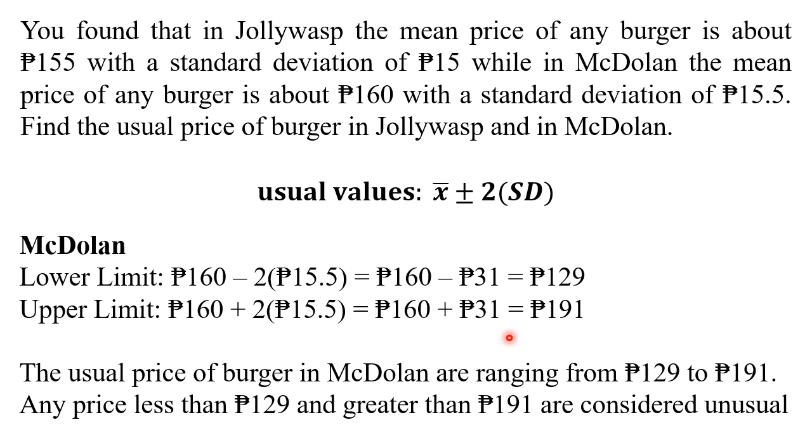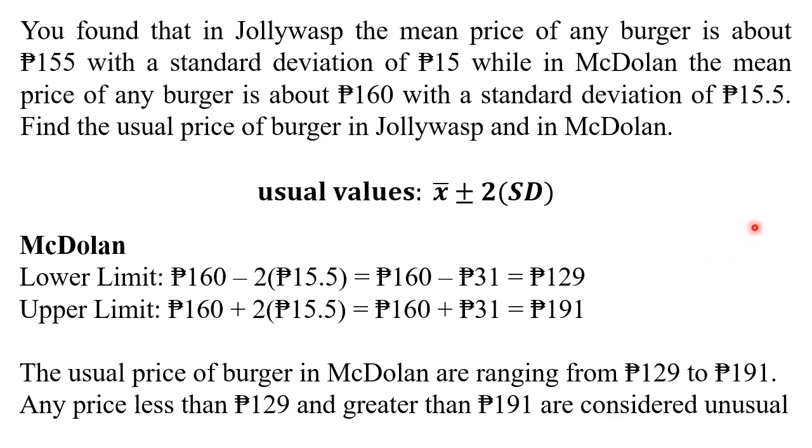So you notice, class, that the range of prices of burgers in McDonald's is wider compared to Jolly Wasp. So the usual price of burger in McDonald's ranges from 129 to 191. Any price less than 129 or greater than 191 is considered unusual.